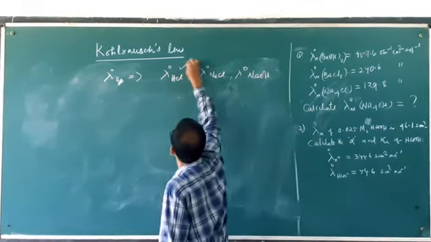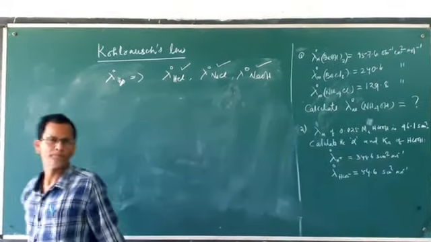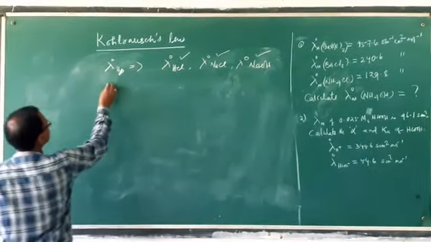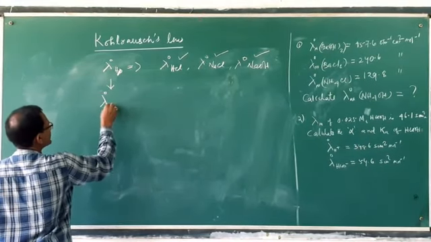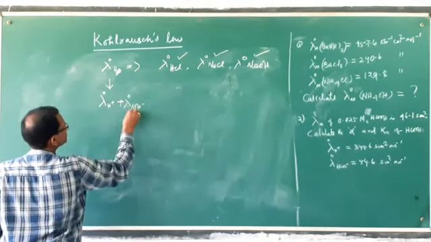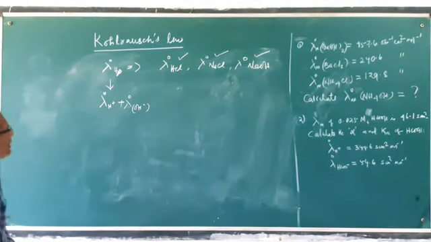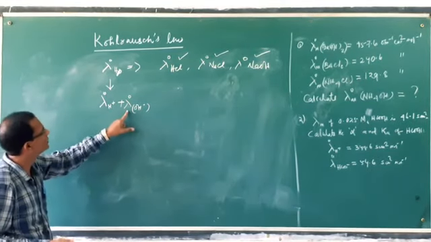Here is the given data. But it is asked for water. What is the composition of water? Lambda naught of H plus and lambda naught of OH minus. Clear? Water requires H plus ion and OH minus ion.